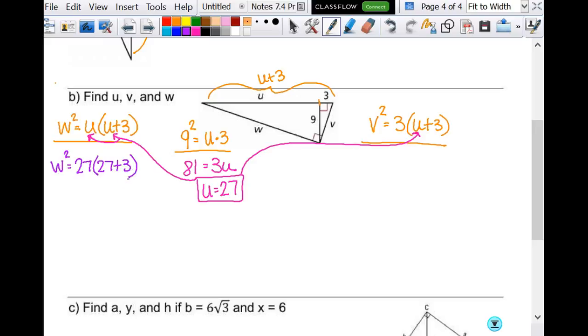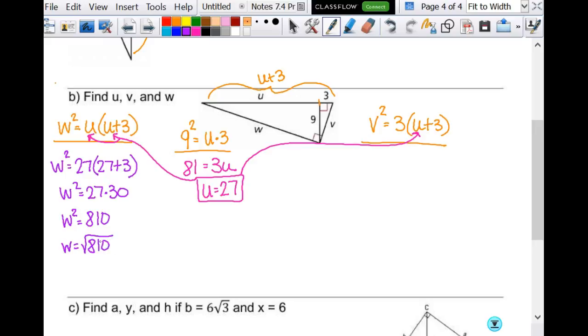I'm still not distributing. I can add this, so I get w squared is equal to 27 times 30, which means that w squared is equal to 810. So w is equal to the square root of 810.